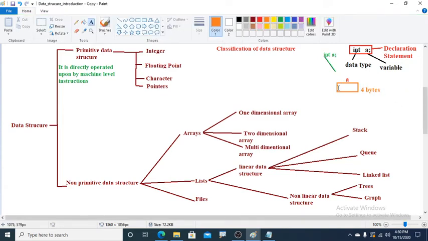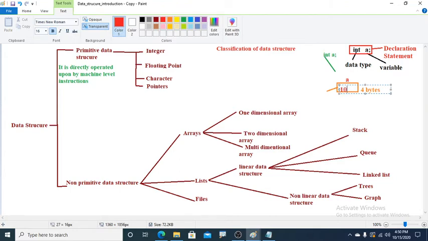Here we can place any value into this memory. Suppose I want to place 10, you can place it, no problem.